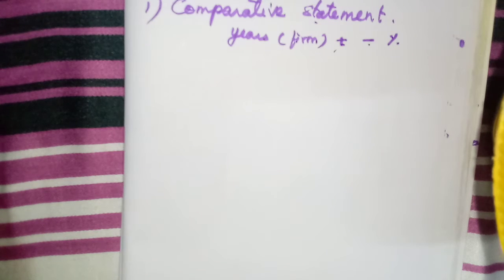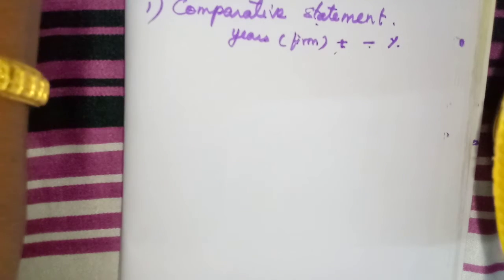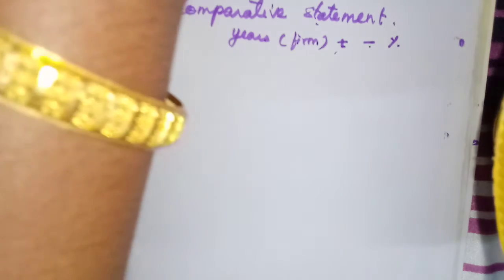Expenses 40,000, 50,000. First we should know how the income statement will appear. Revenue from operations, add other income, we get the total income.